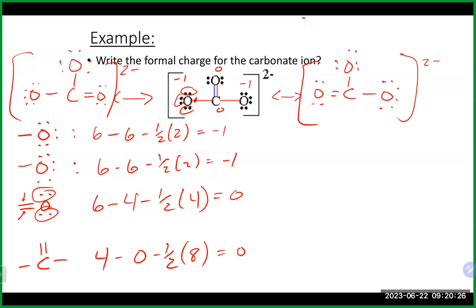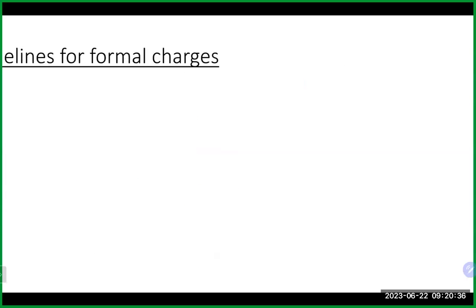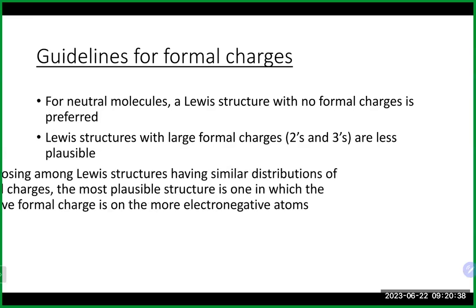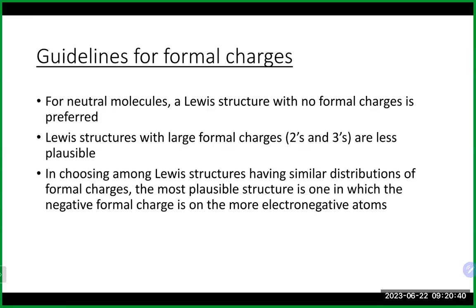You can draw Lewis structures in different ways, and some are better than others, and some you shouldn't do at all. These are some of the main things that you want to look at when you're trying to decide between two different structures.